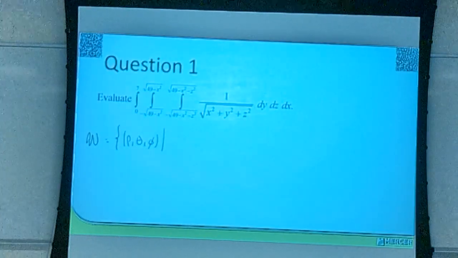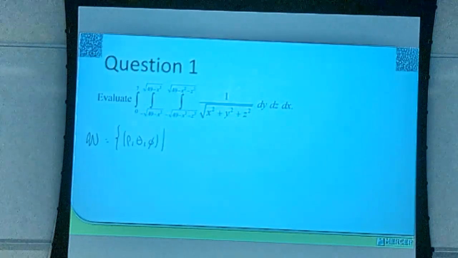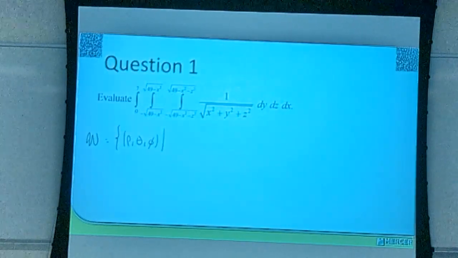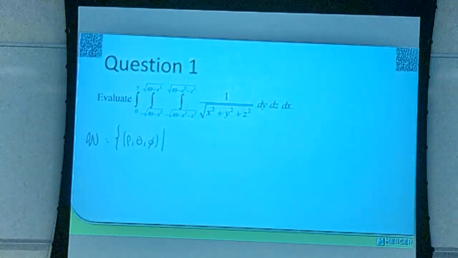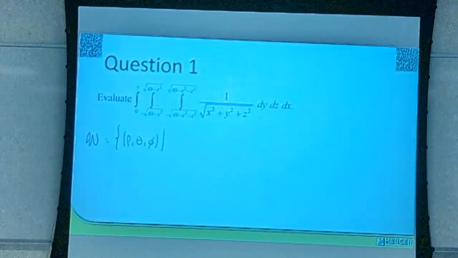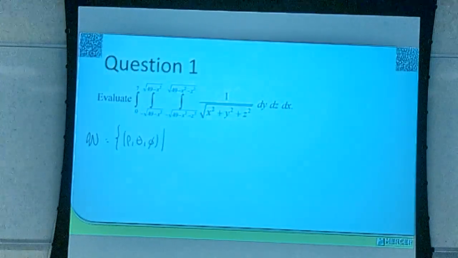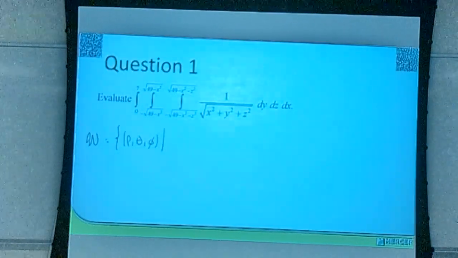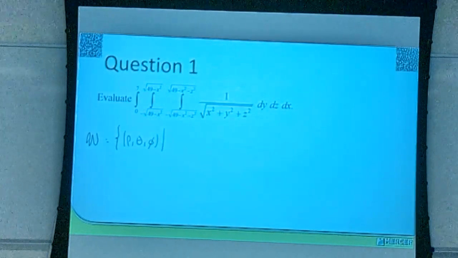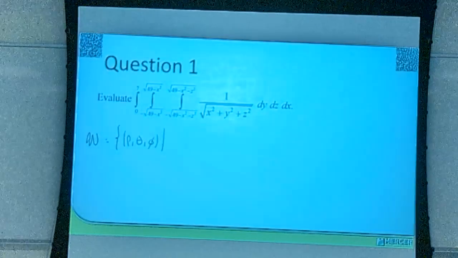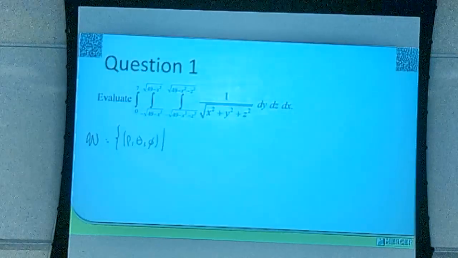Y is non-negative, and then both Z and X, everything. Well, if Y is non-negative, that would be what, the right hemisphere? The front hemisphere.